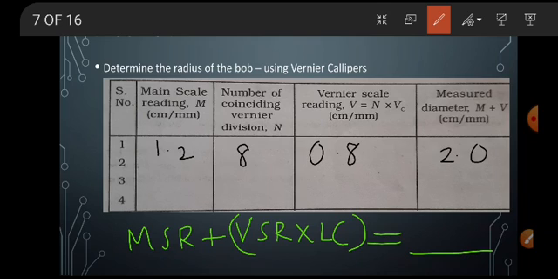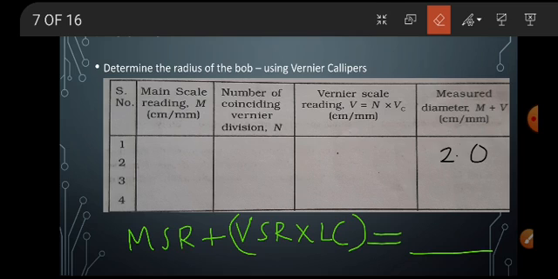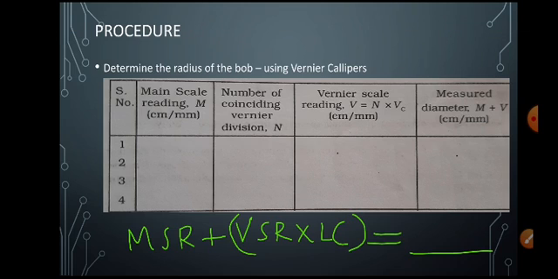So this way you can find the values, right? As we discussed, everyone is aware of the Vernier calipers experiment. You have to take the main scale reading and see the number of coincidences with the Vernier division.